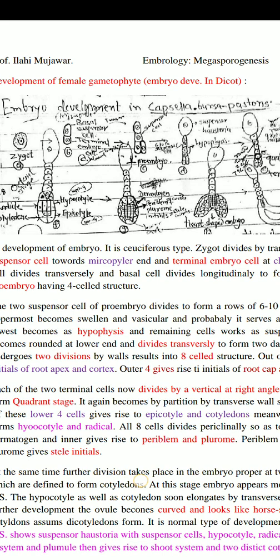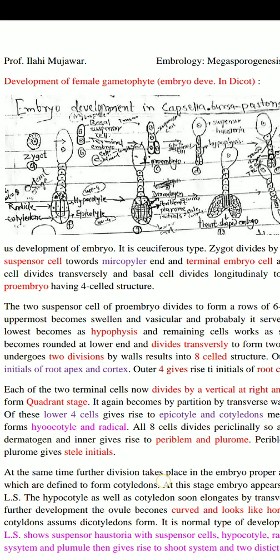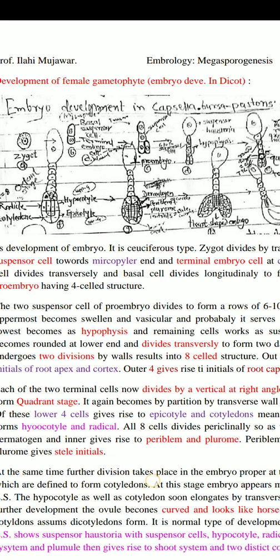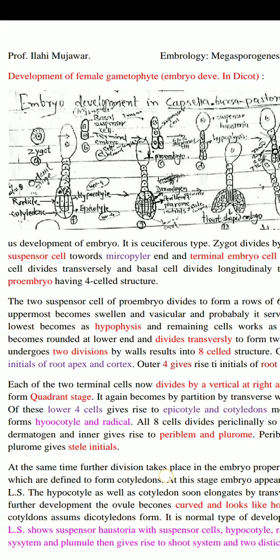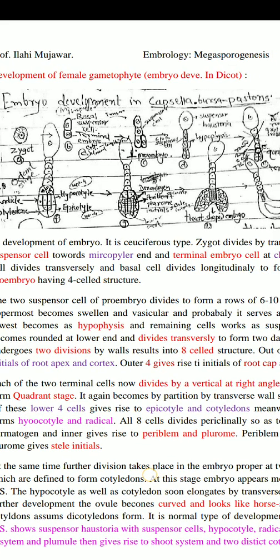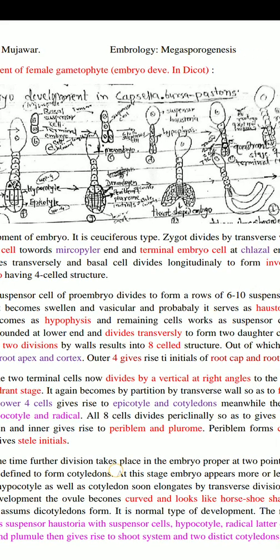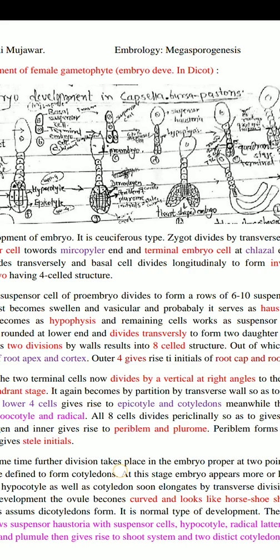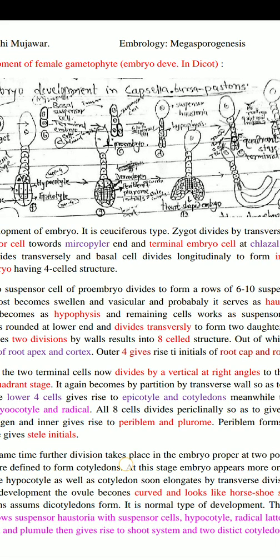So the zygote is the first step in the development of the female gametophyte or embryo development in the dicot plant. This is a typical and common development in angiospermic plants, named Capsella bursa-pastoris under Cruciferae. So it is called the cruciferous type.